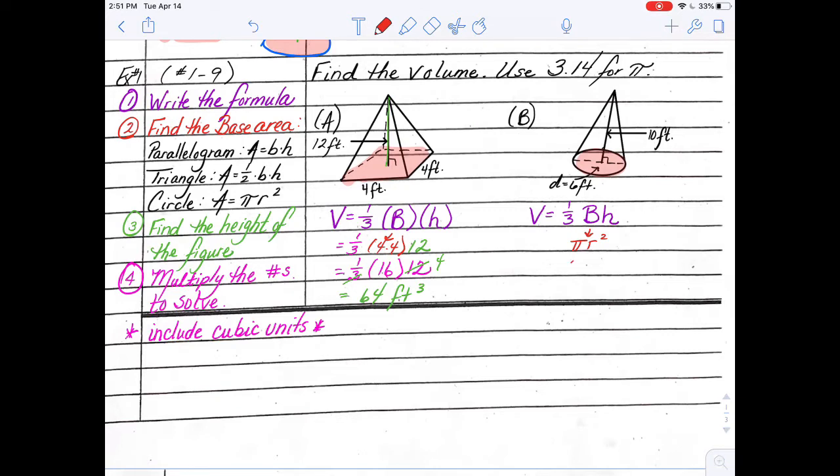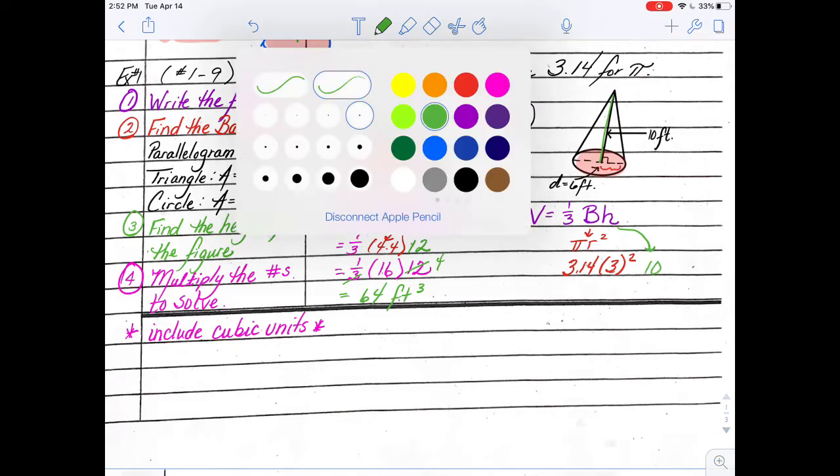So when I'm putting that in, pi is 3.14. Your radius, remember, this says your diameter, and the radius is half of that. Half of 6 is 3. So 3 squared is the area, and then, of course, times the height from the apex down to the base. Your height would be 10.